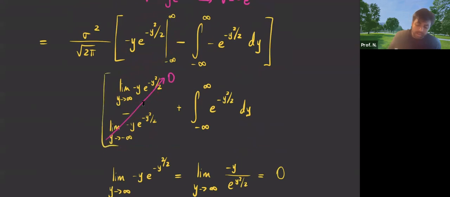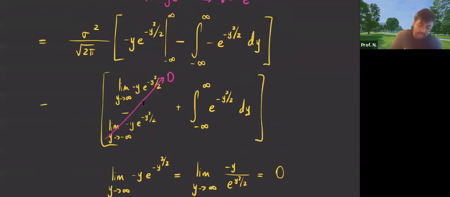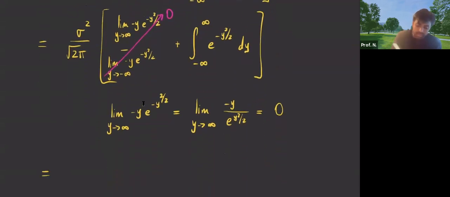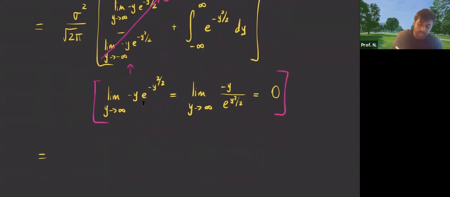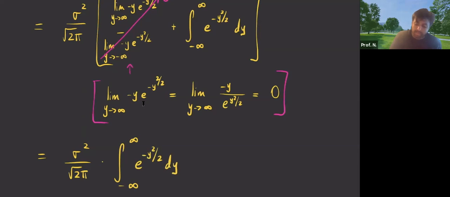This entire thing is still being multiplied by sigma squared over the square root of 2 pi. That was just some scratch work. Here we have sigma squared over the square root of 2 pi multiplied by the integral from negative infinity to infinity of e to the negative y squared over 2 dy. But what is this?